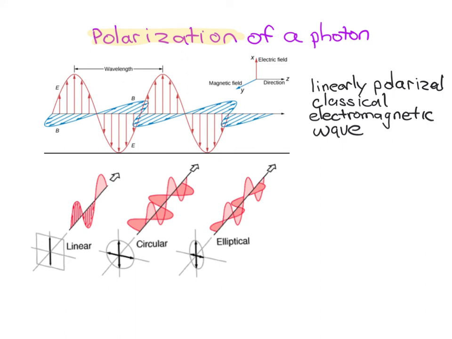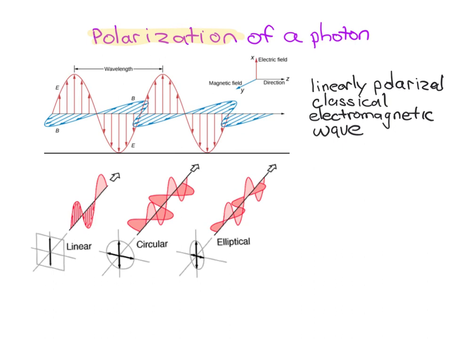And if you read through the polarization tutorial, we have a long description of the different polarization states that classical electromagnetic waves can be in. There are other possibilities other than being linearly polarized. They can be circularly polarized. They can be elliptically polarized.